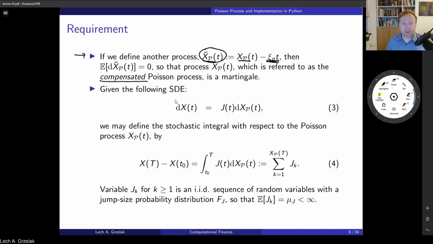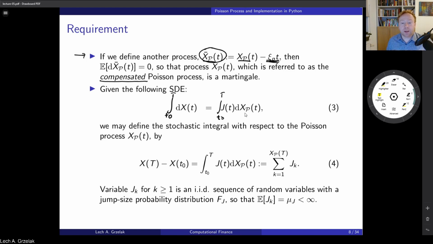If you integrate both sides from t0 to capital T, we end up with X(t) minus X(t0) equal to the integral of this process, which is a summation of jumps, where Xp(t) is the number of jumps that happened.